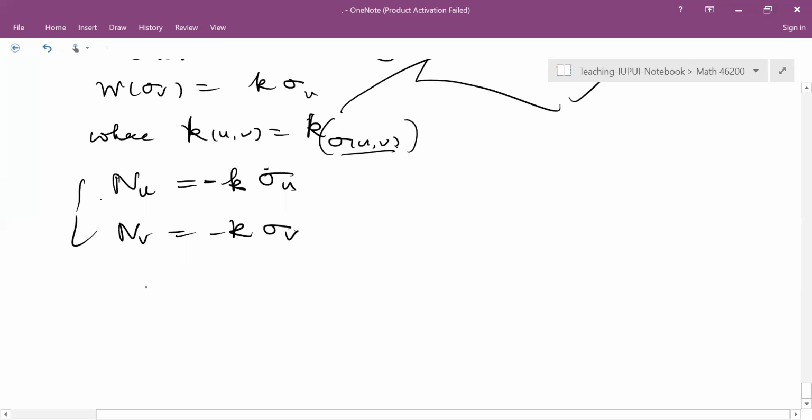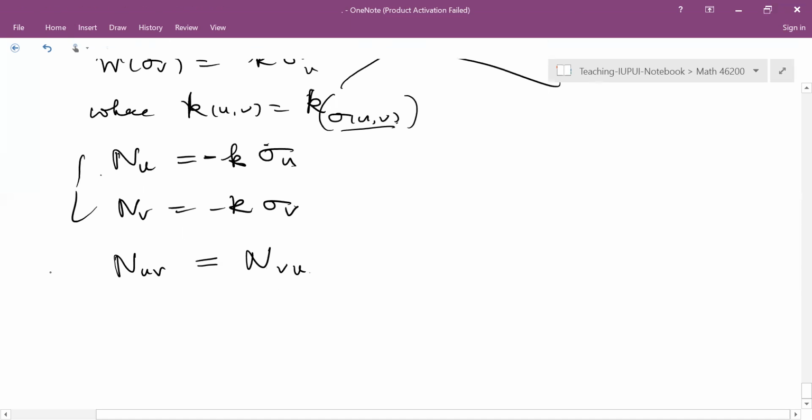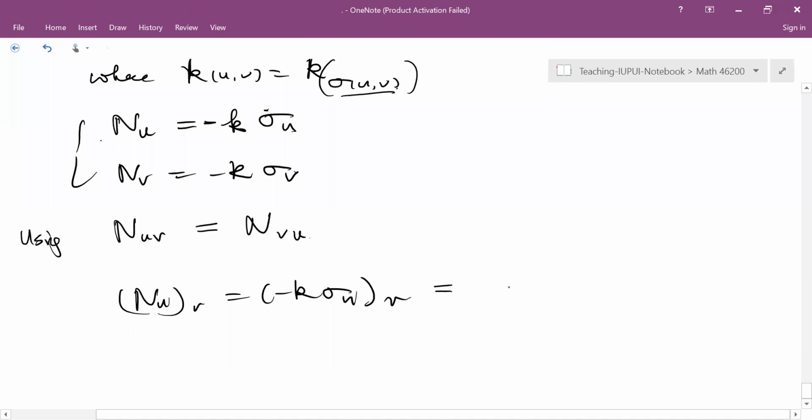So first of all, we know that the mixed partials are equal: σ_uv equals σ_vu, and likewise for N. Using this fact, we can differentiate. This is going to be negative k_v σ_u minus k σ_uv.